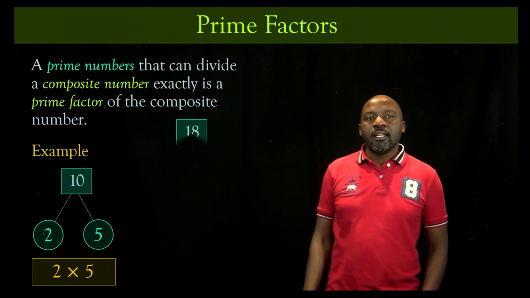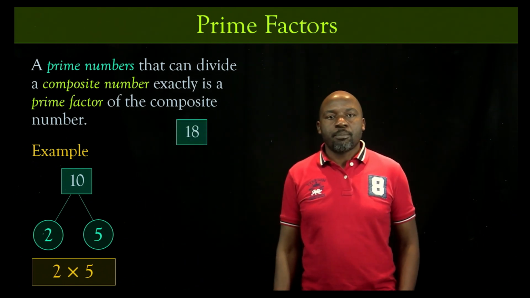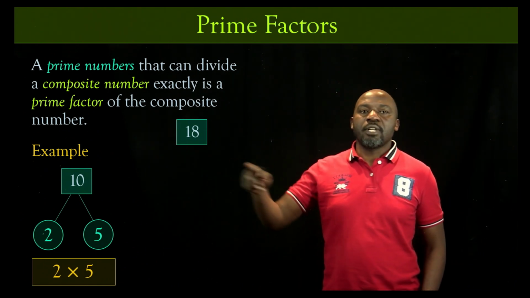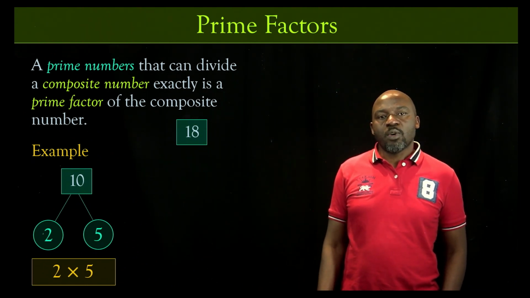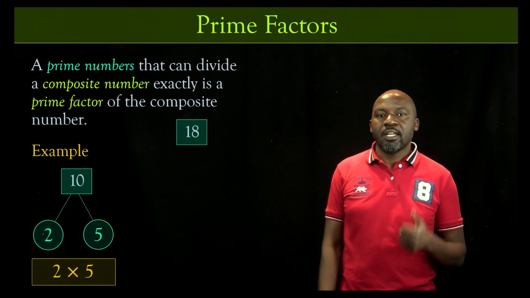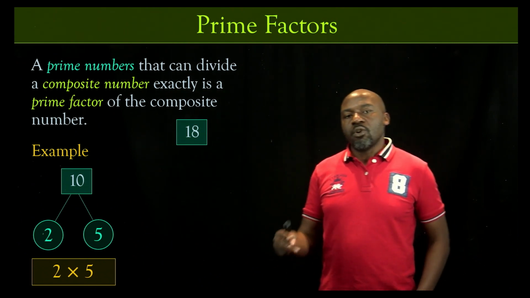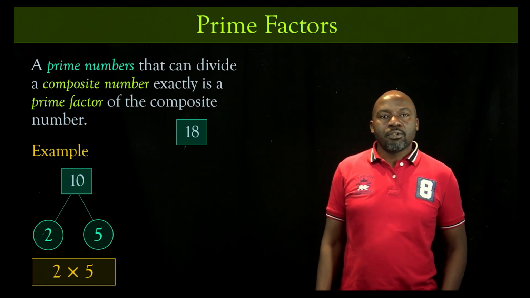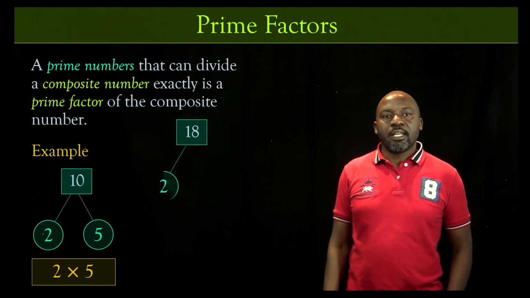Similarly, 18 can be expressed as a product of the prime factors that multiply up to get 18. We always try with the first prime number. If you remember the list of prime numbers, it was 2, 3, 5, 7, and then we had 11. So we go in that order. We try to divide by 2, and of course 2 divides it to give us 9.